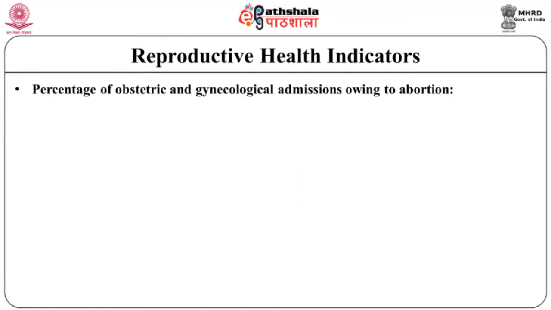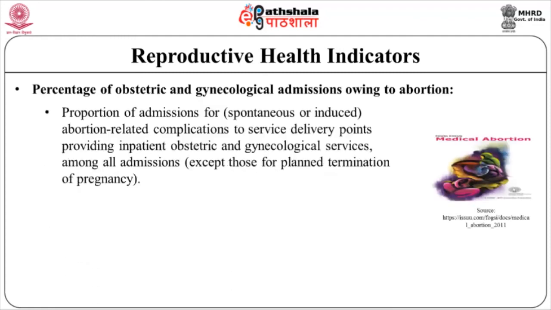Now let's have a look at the percentage of obstetric and gynecological admissions owing to abortions. This is the proportion of admissions for spontaneous or induced abortion related complications to service delivery points providing inpatient obstetric and gynecological services, among all admissions except those for planned termination of pregnancy.